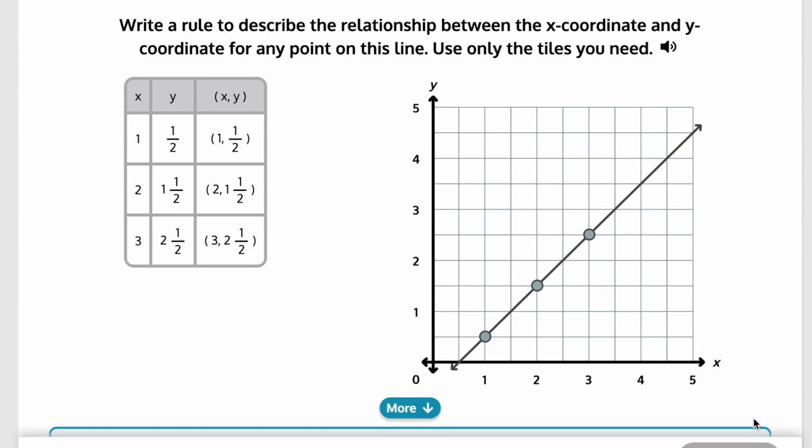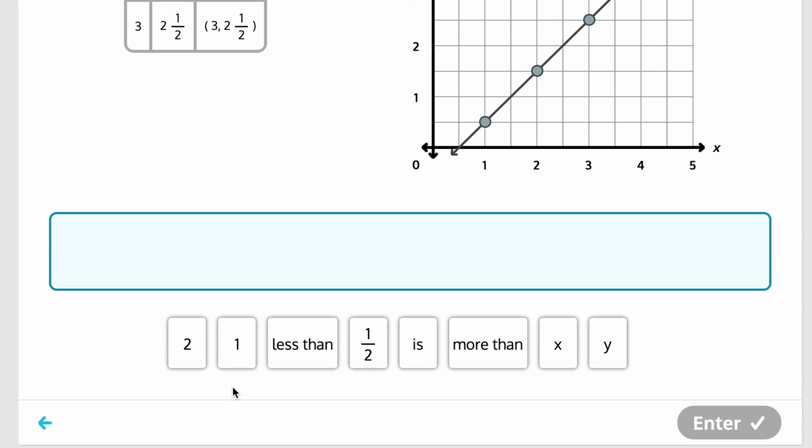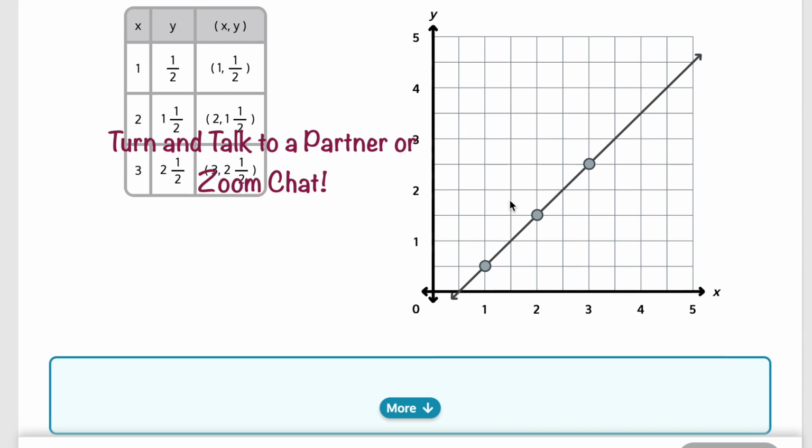All right, you guys, pause the video, turn and talk to a partner. Take a look at the relationship between the x and y coordinate and see if you can come up with a rule. Here are some words that can help you. Less than, more than. Try to come up with a rule that expresses all the points.